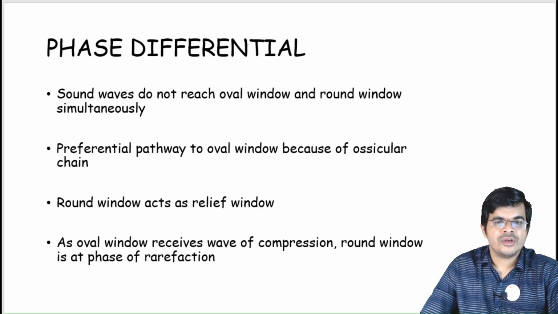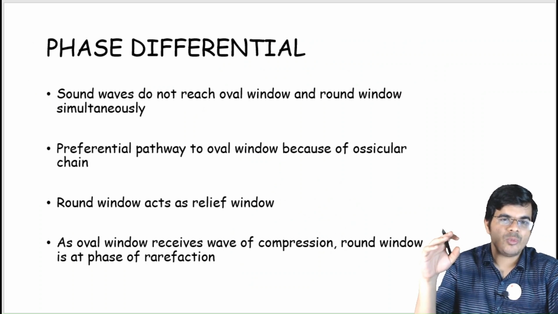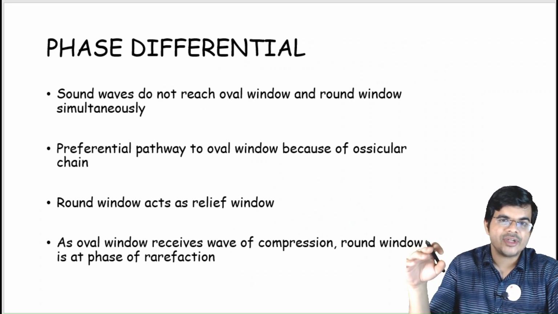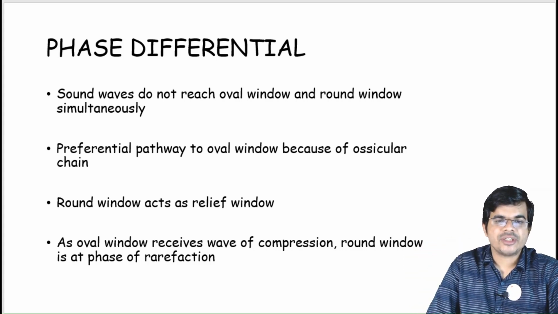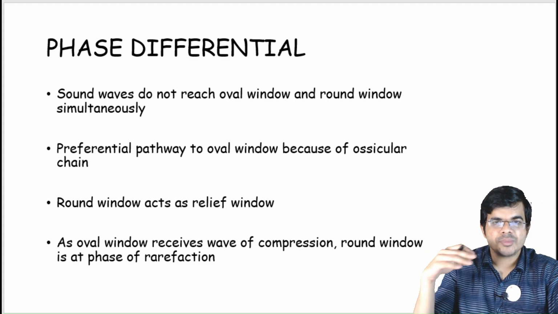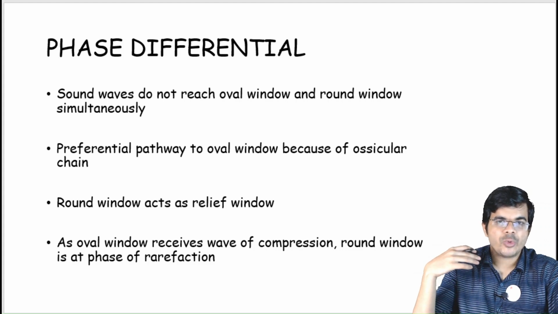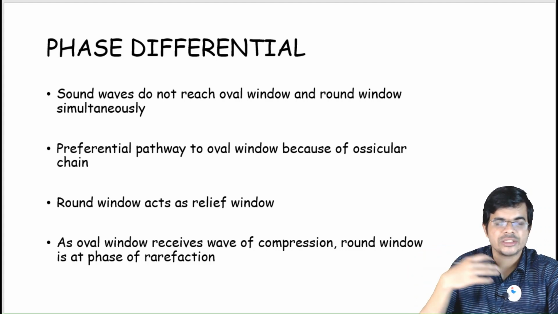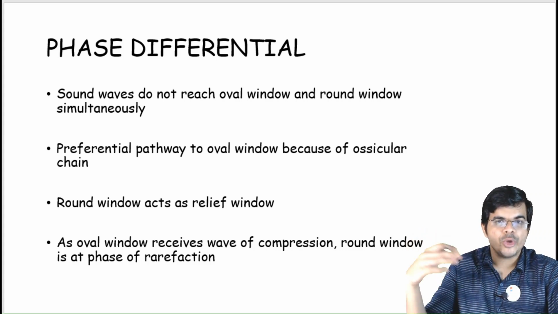There is one more mechanism which helps in this, and what is that? It is the phase differential that is being maintained at the area of the oval window and round window. There is a preferential pathway to the oval window because of the ossicular chain. Since sound travels maximum in solids compared to liquids and air, the sound waves going through the pars tensa will be transmitted through the ear ossicles rather than going through the air to the round window.